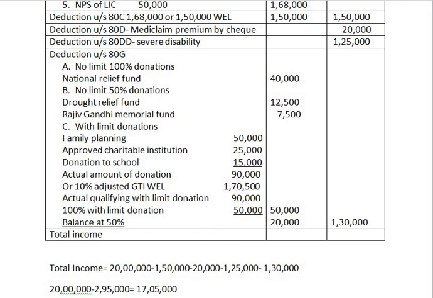Just minus it and find out the total income of Mr. Suresh for the assessment year 2021. We get the balance figure of rupees 15,75,000. This is known as our total income. 15,75,000 is our final answer.